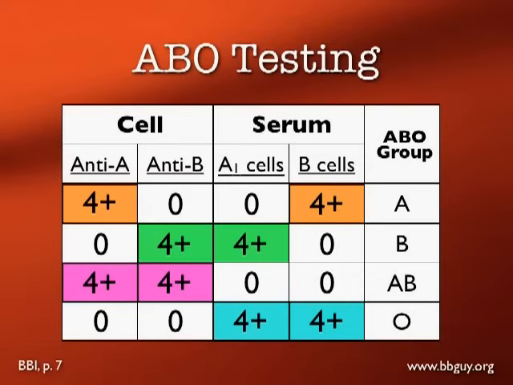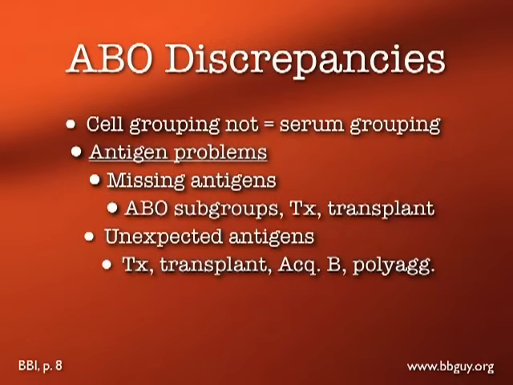If you don't have that inverse relationship, or that opposite relationship for every test that you're doing, then by definition you have what's called an ABO discrepancy. ABO discrepancies are a lecture in and of themselves, and we clearly don't have time to go through that, but just recognize that you can have issues either with the antigens or with the antibodies. You can have missing antigens in subgroups or transfusion or transplant, for example.